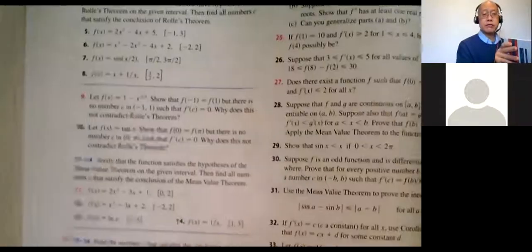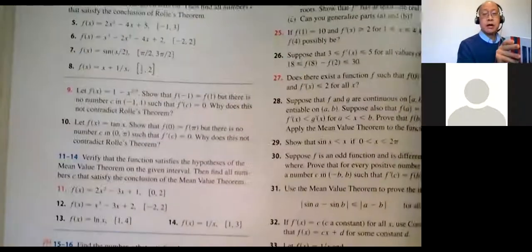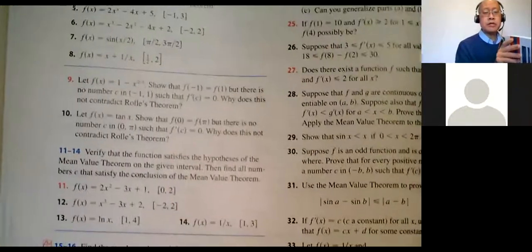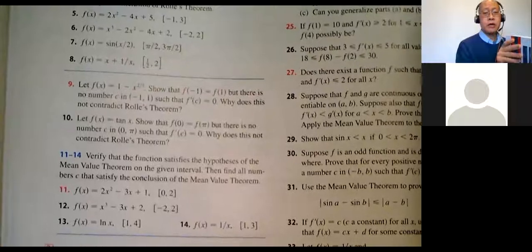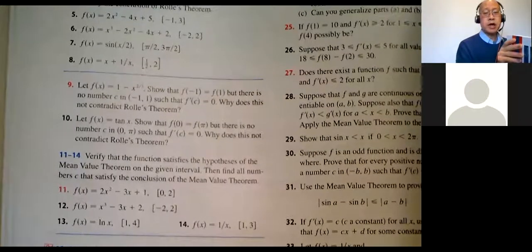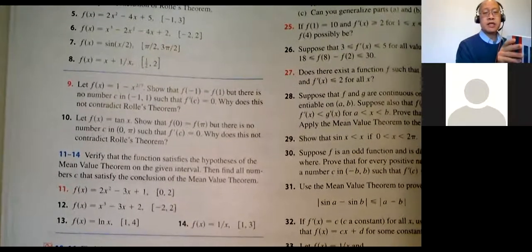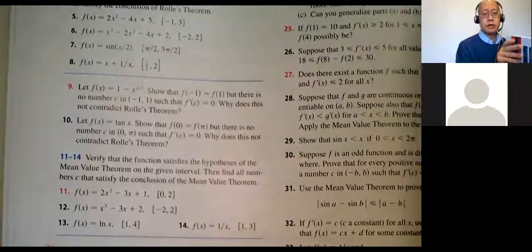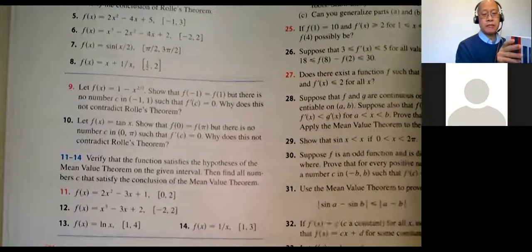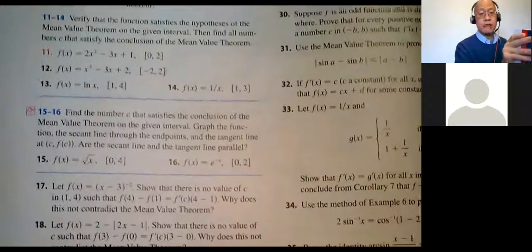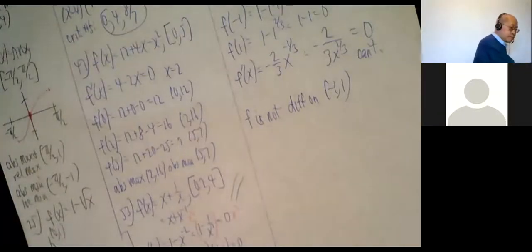Okay, that's hypothesis 3, same height. But there is no number C in the open interval from -1 to 1 such that f prime of C equals 0. Why does this not contradict Rolle's theorem? So what did he mean by that? Okay, and then all the rest of the problems are mean value theorem. So take care of Rolle's theorem.